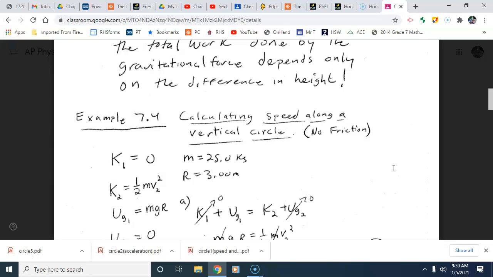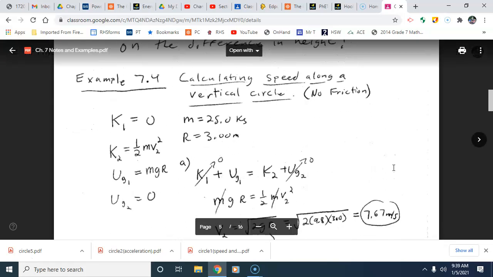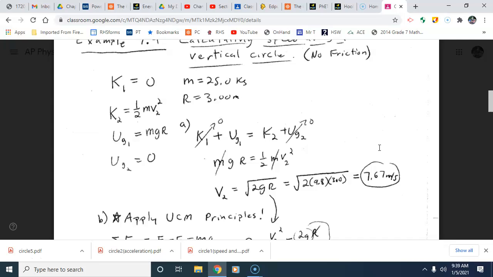But where it really is a nice place to use energy methods is when there's a curved path involved, where the free fall kinematic equations wouldn't help as easily, or it would be a lot trickier since we'd have to worry about breaking vectors into components. But since energy is not a vector, that's a non-factor. Okay?